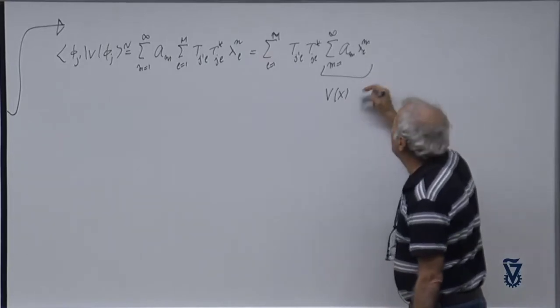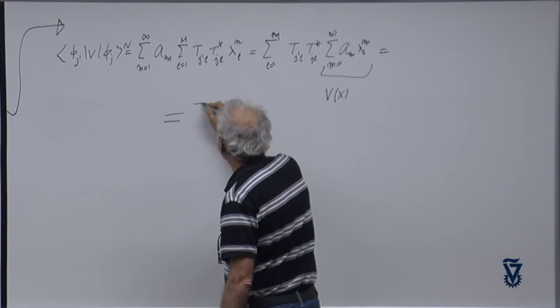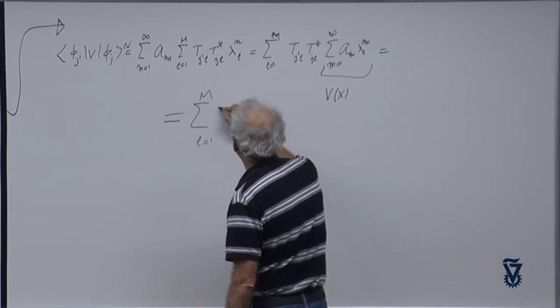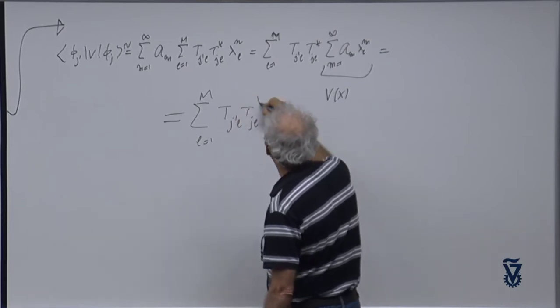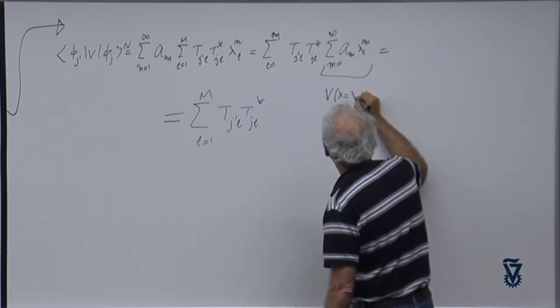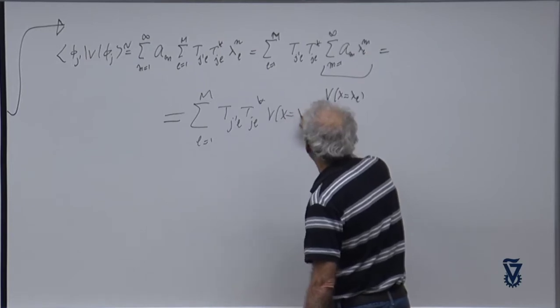This is equal to V(x), and therefore we have the summation over L equal to 1 to M of T_j'L T_jL complex conjugate. I'm sorry, this is here λ_L, and V(x) equal to λ_L.